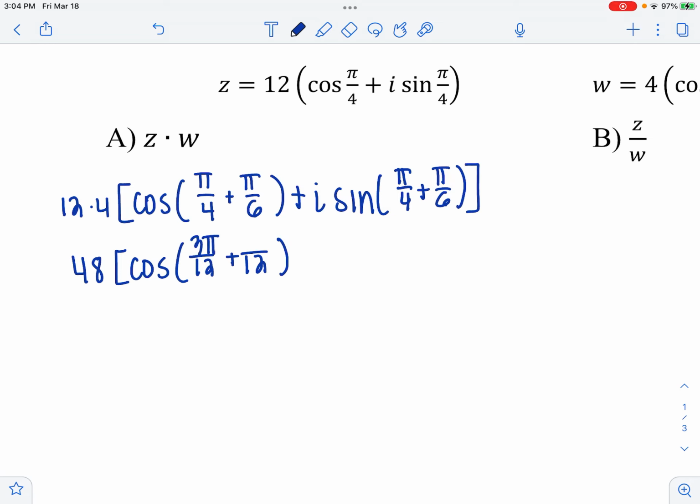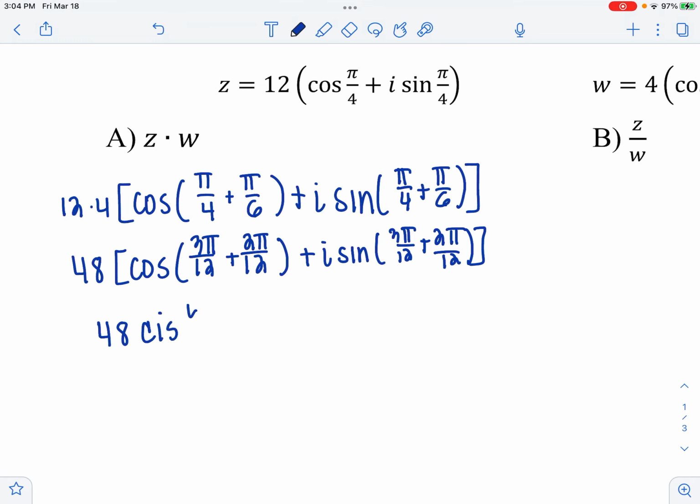To get a 6 to be a 12, I have to multiply by 2, so I multiply the numerator by 2, and I get 2 pi over 12. So I have plus i sine of 3 pi over 12 plus 2 pi over 12. Now I'm ready to get my final answer: 48 cis, and then add those two, and I get 5 pi over 12.